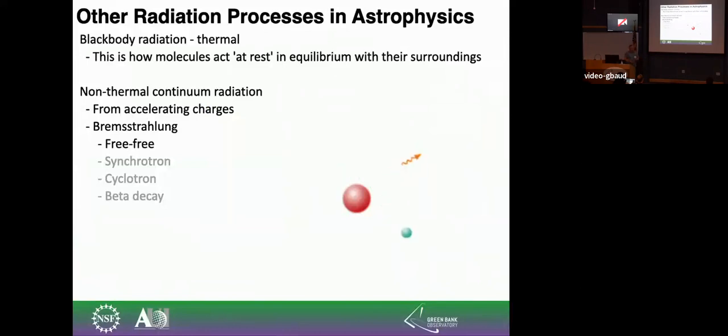Now, black body radiation is what is referred to as thermal radiation, as well as just talking about the CMB. That's how molecules act when they're at rest in equilibrium with their surroundings. In the next talk, you'll probably hear a little bit about this.